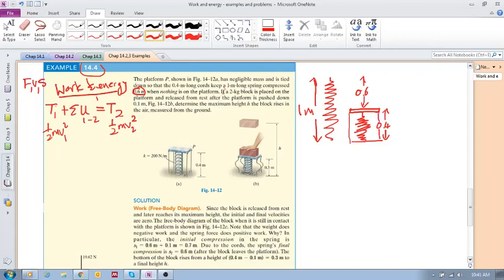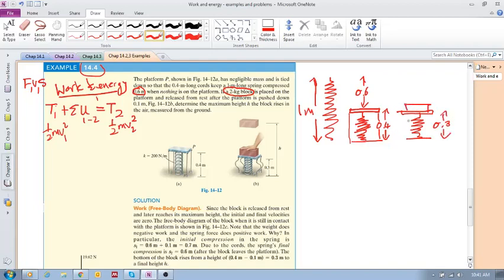Okay, so this is a fixed position. Then a 2 kilogram block is placed on top of the platform and pushed down so that this height is 0.3. So it's gone down even further. Okay, this is now 0.3, and it's got a brick on it.